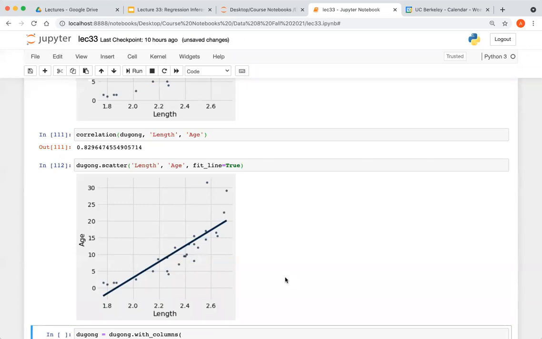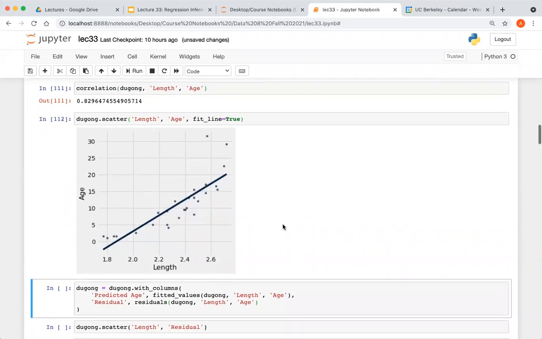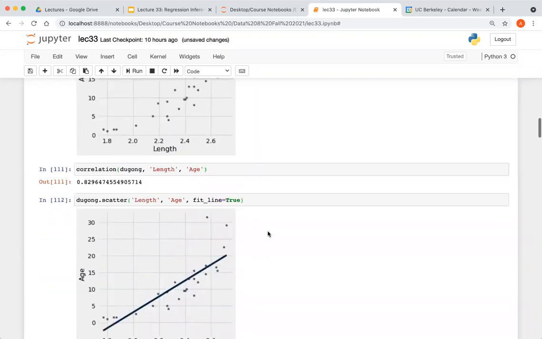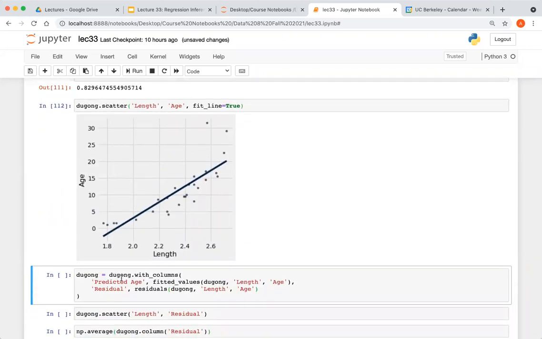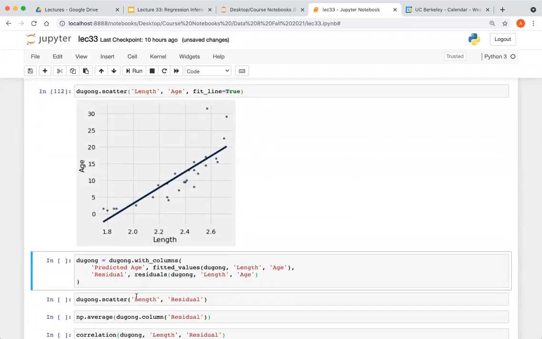It kind of follows the scatter diagram, but you can see the points are above the line on the left and on the right, and below for most of the other parts, which suggests that we have a curve. And so to this table we have added two columns. One is the predicted age for each of these 27 dugongs, so there'll be a column of predictions here. And once we have the column of predictions, we have also done the residuals.